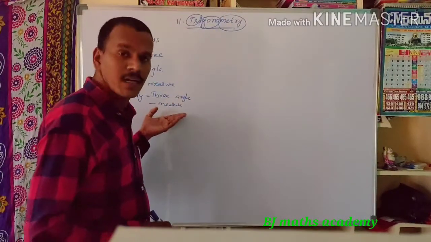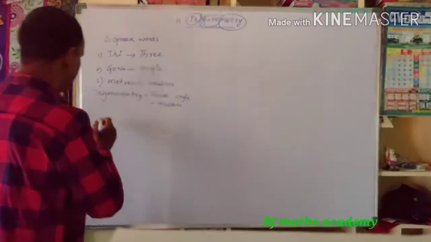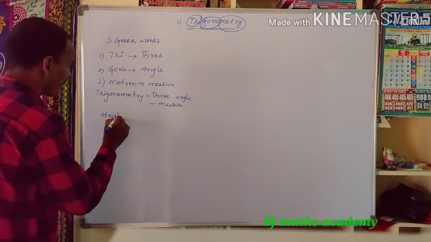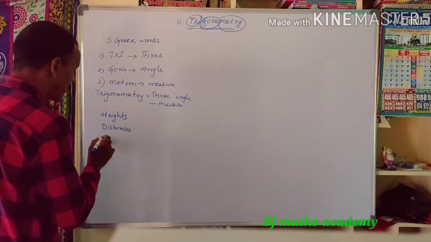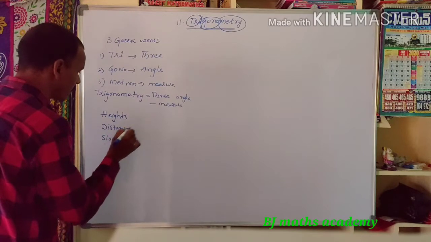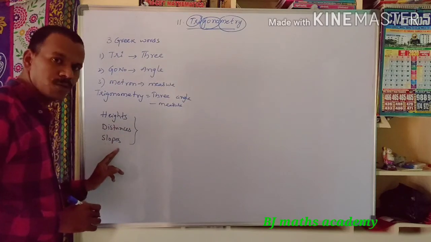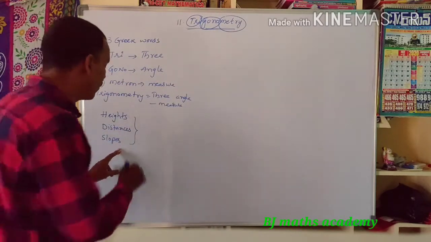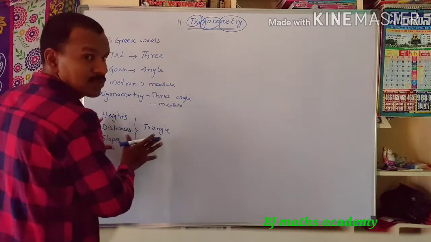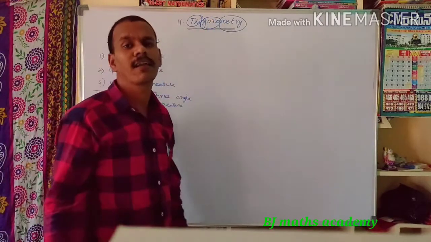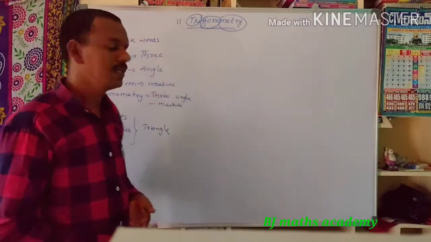By using the triangle and its properties, we can measure heights, distances, and slopes. This type of problem is part of trigonometry.